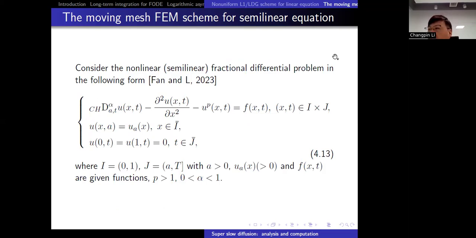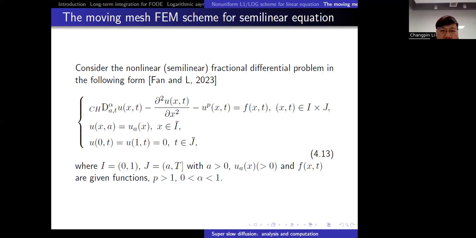This was for the linear model with the initial boundary value condition. But for a nonlinear model, for example a semi-linear model, how do we calculate its solution?